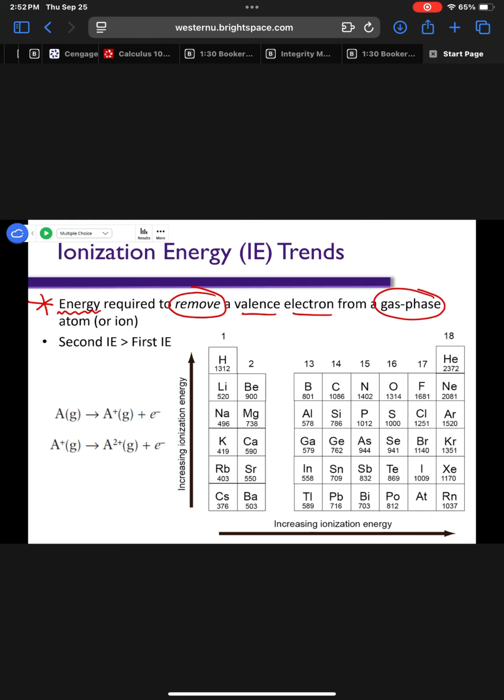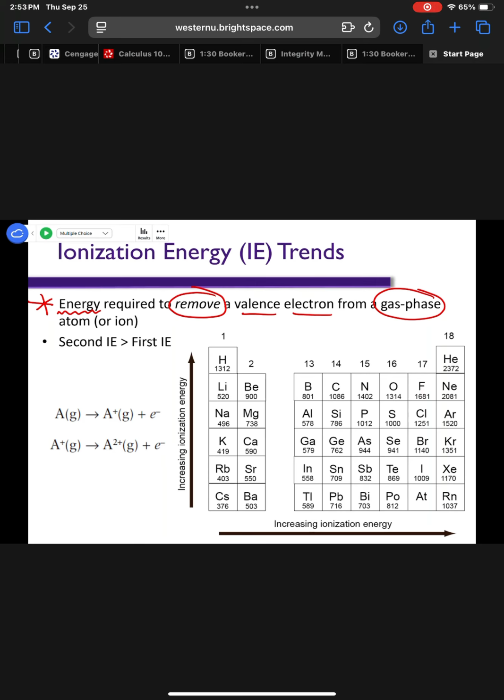We're stealing a valence electron, one of the outer ones that we can grab most easily. And it's very important that this is a gas phase atom or ion. If it was in a solid crystal lattice, the numbers would be very different, because we're not just removing an electron, we have to worry about intermolecular forces and a lot more factors.